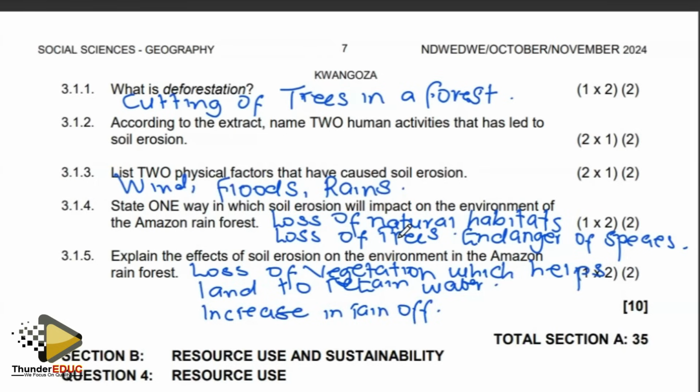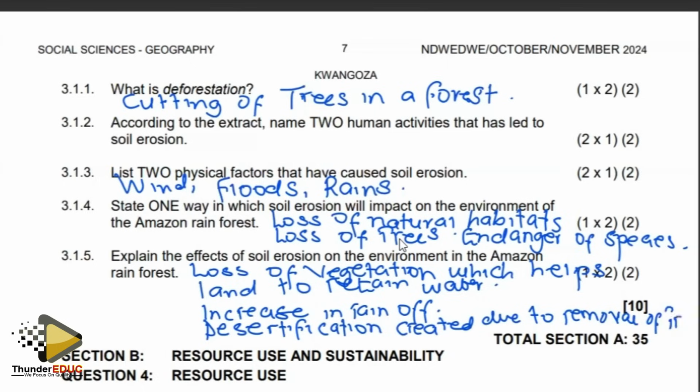There will be desertification, created due to removal of trees.